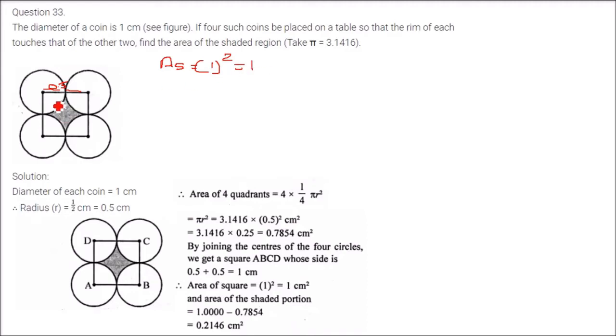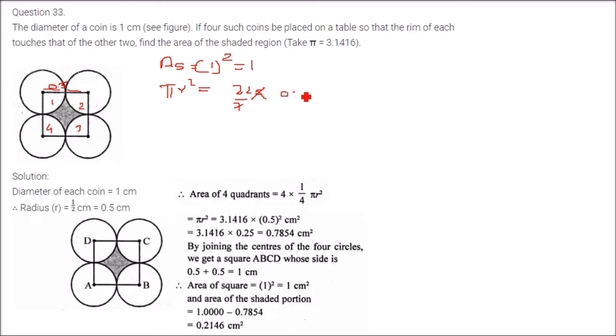And now to find out the area of the 4 quadrants, 1, 2, 3, 4, they are forming a circle only. So it will be pi r square, meaning actually 4 quadrants. So 4 into 1 by 4 pi r square. That is coming to be pi r square only. So pi r square, 22 by 7, you can write it as 3.14 also. And r square, what is r?